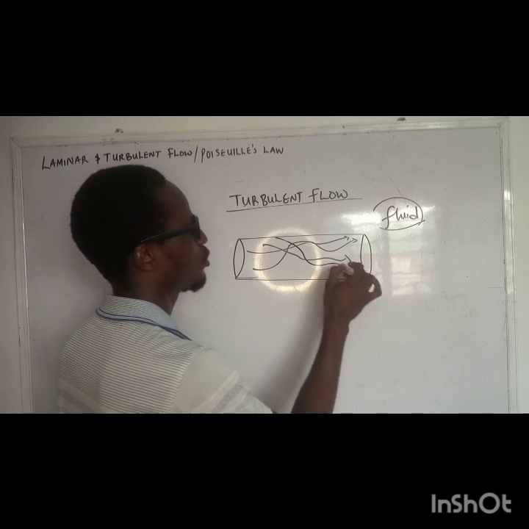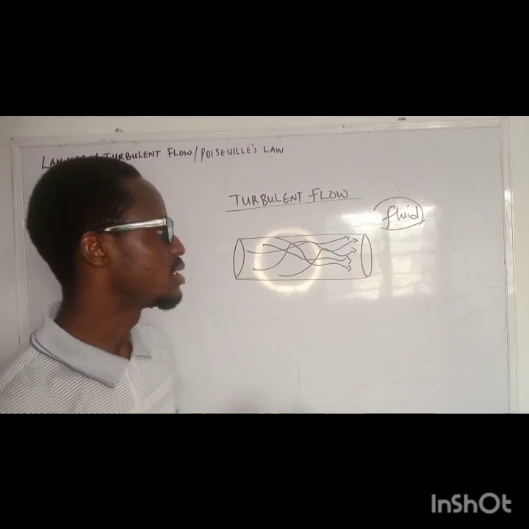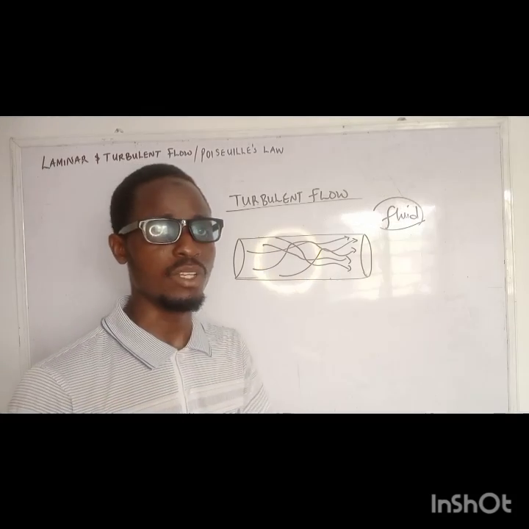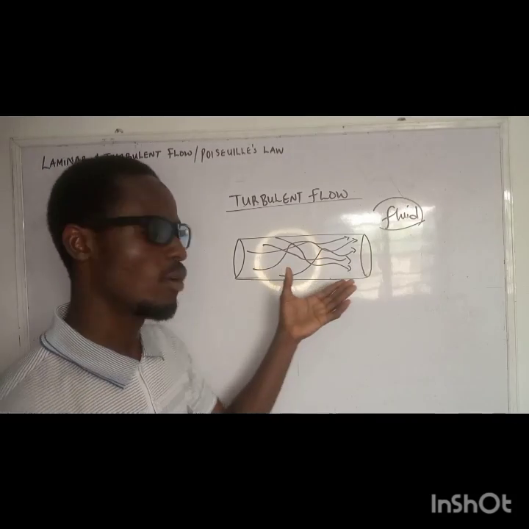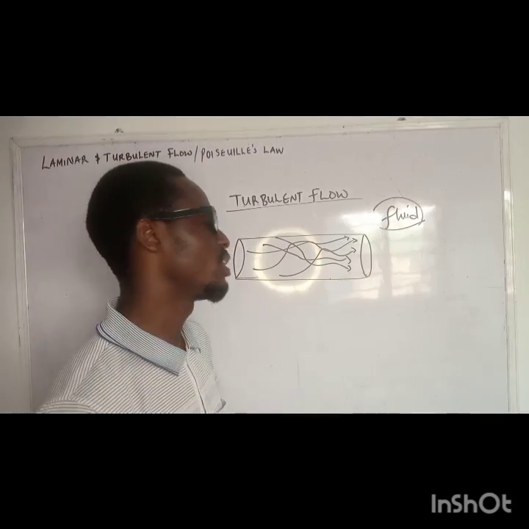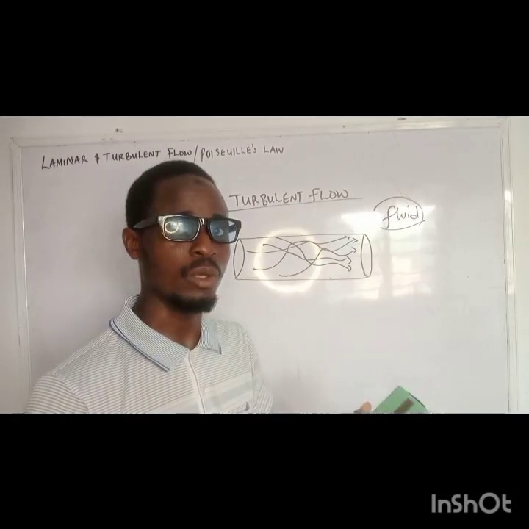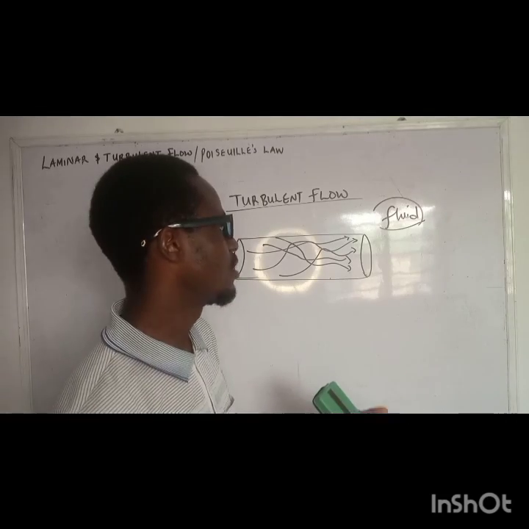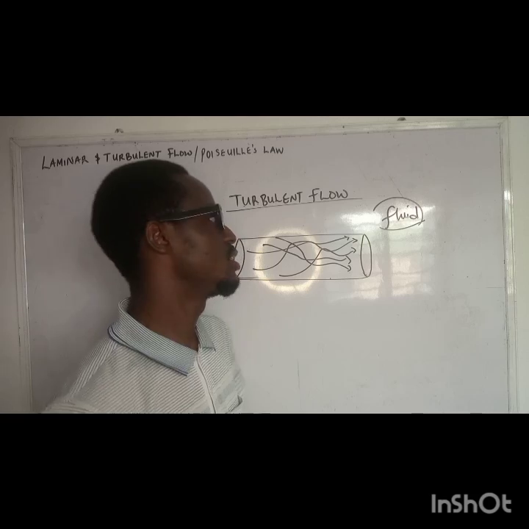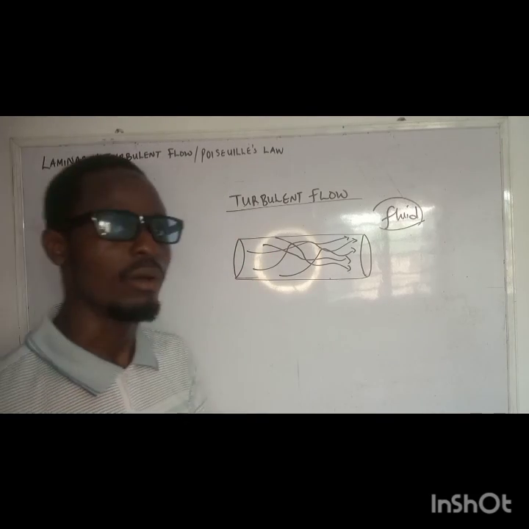So this is an example of a turbulent flow. We can experience this when fluid is moving rapidly and randomly. So the particles of the fluid are moving randomly and their velocities are not uniform. They are different from one another, the velocities cross each other's paths, and at the same time they move with a faster speed. Turbulent flow does not obey Poiseuille's law.